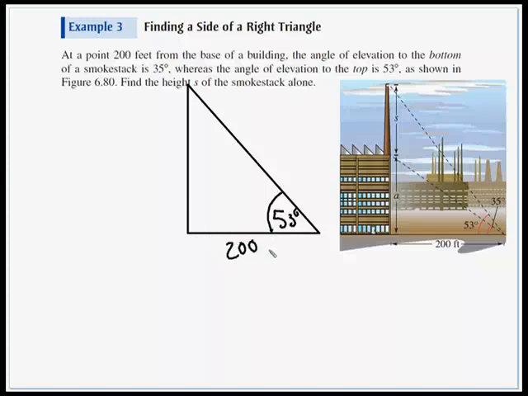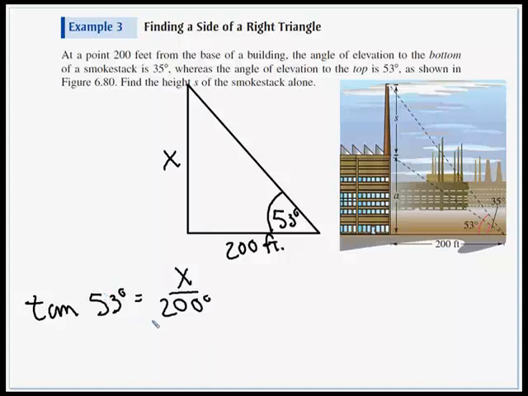That doesn't change. So to find this overall height, let's call it x. We want the opposite side. We have the adjacent side. So of course that's going to be tangent. The tangent of 53 degrees is equal to the opposite side x over the adjacent side 200.